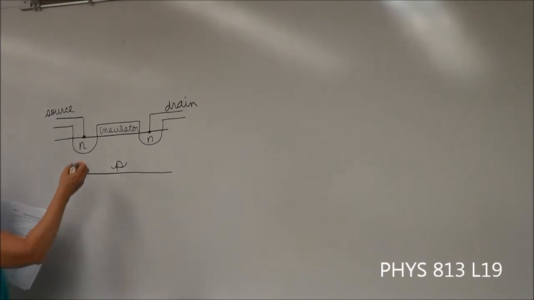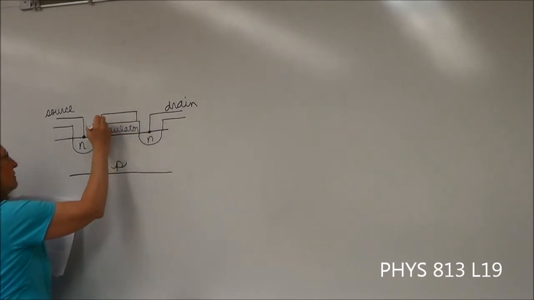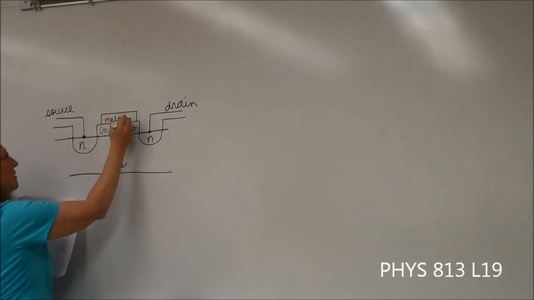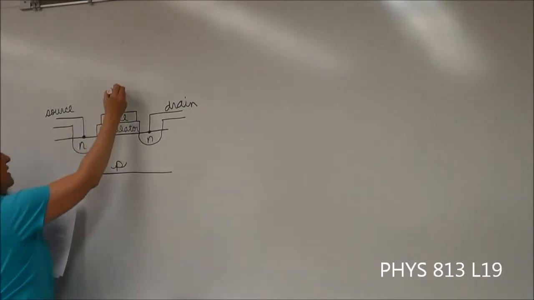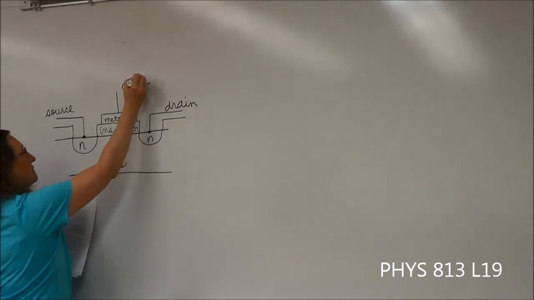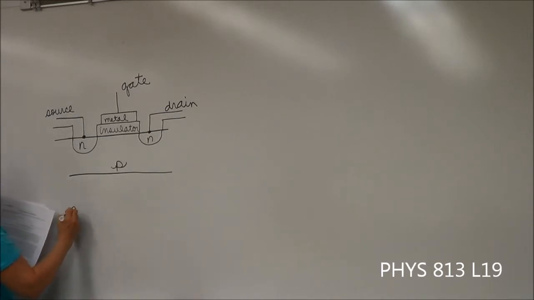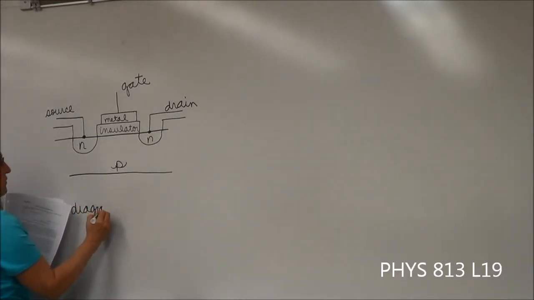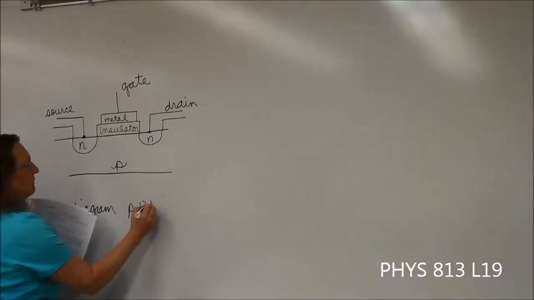Then on top of this insulator, we're going to put a metal. And from this, we're going to put a wire up, and this is called the gate. So the problem is, how do we get any current going anywhere in all of this? I might add that the diagram that I just mentioned is on page 134.